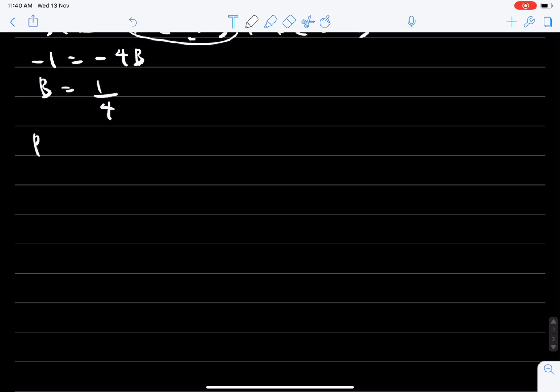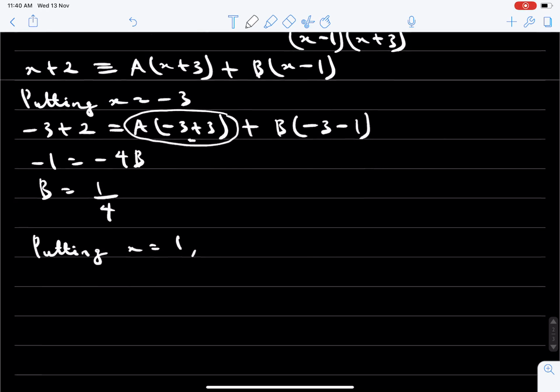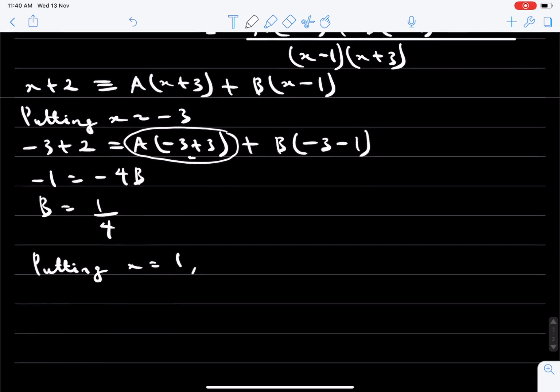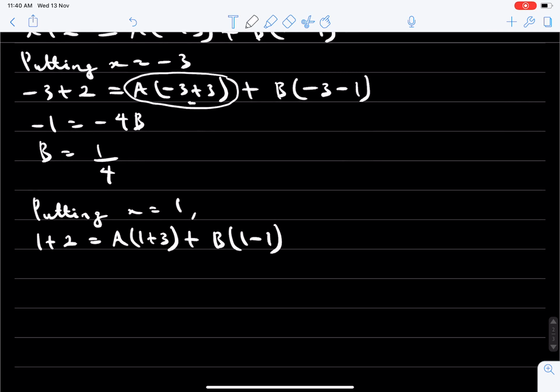Now, what do I put in the identity to get the second constant? Putting x equals 1: 1 plus 2 equals a times 1 plus 3 plus b times 1 minus 1. 1 minus 1 is 0, which means the whole of this is 0.